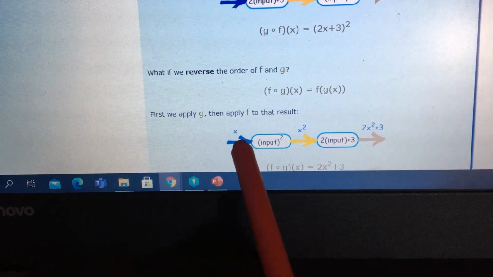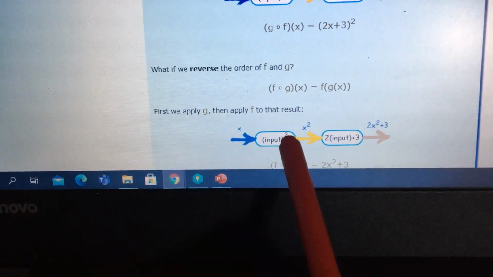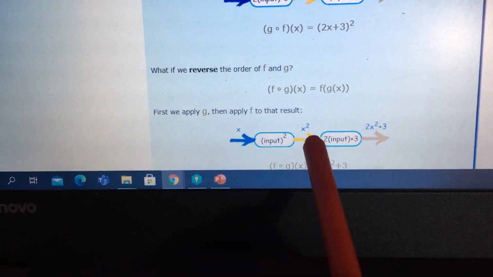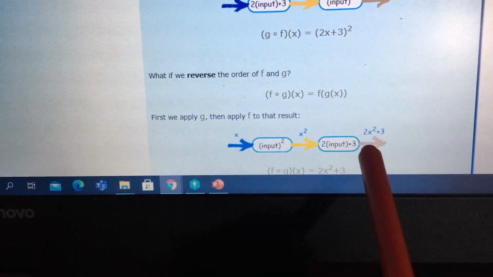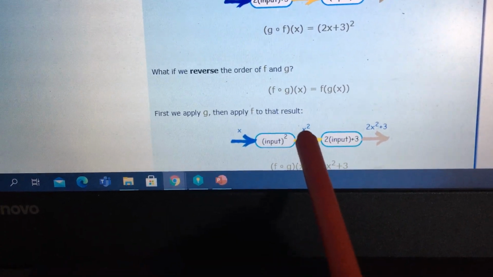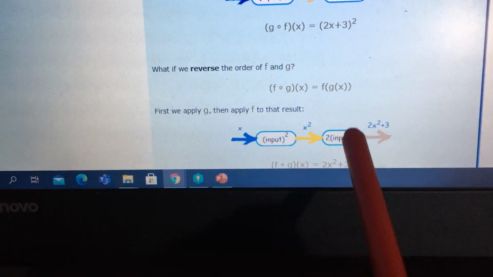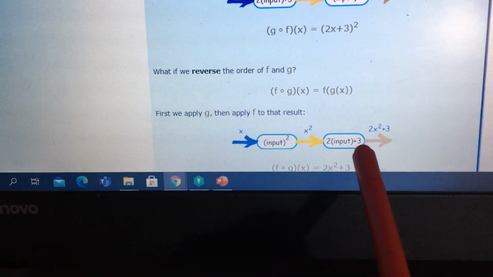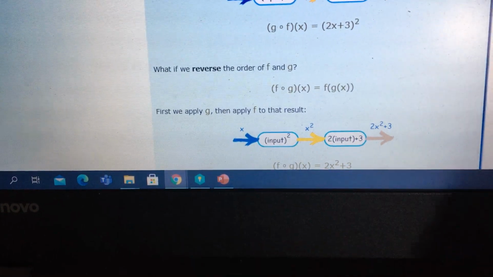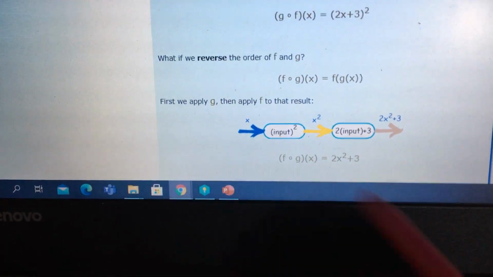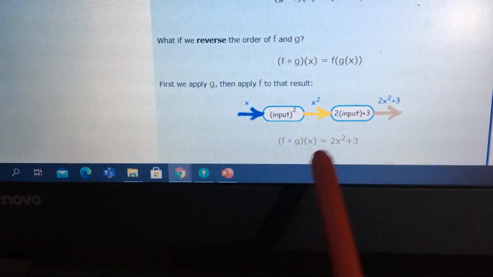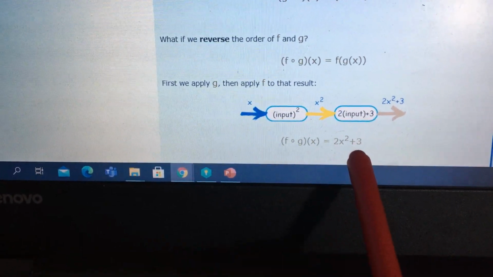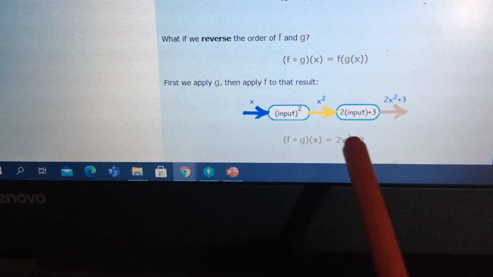Our input is x, so input squared, so the output of this stage is x squared, and this will be the input now. So we have 2 times the input plus 3, so 2 times x squared plus 3 will be the output. So the composite function of f and g equals 2x squared plus 3.